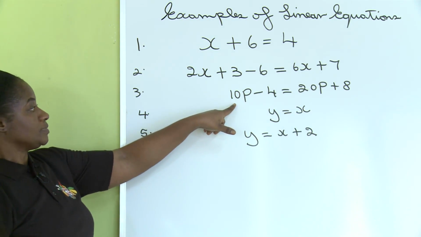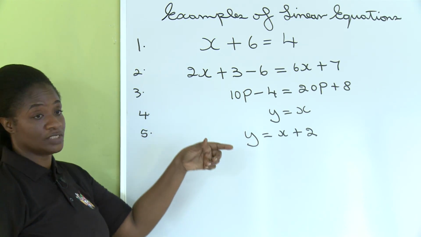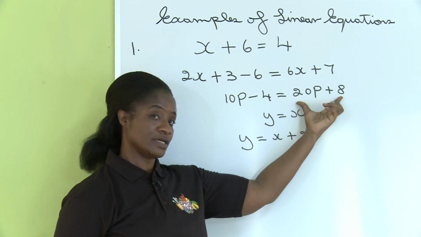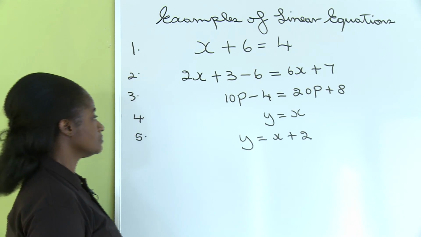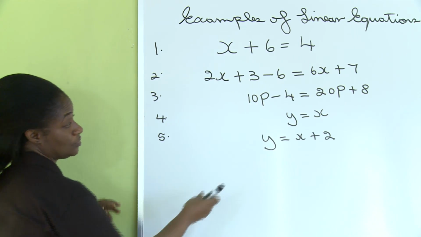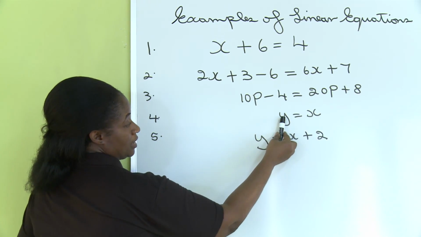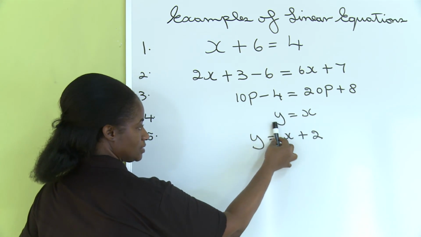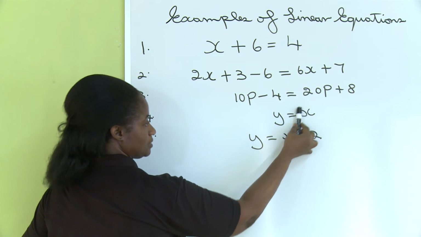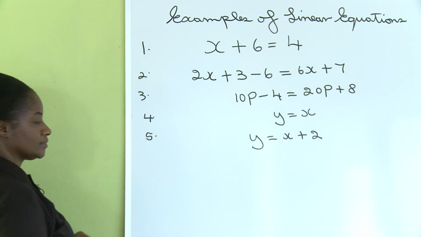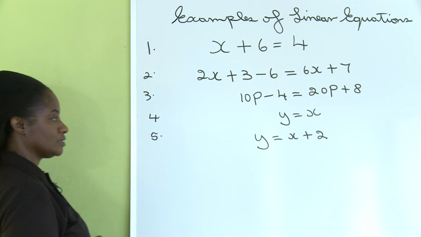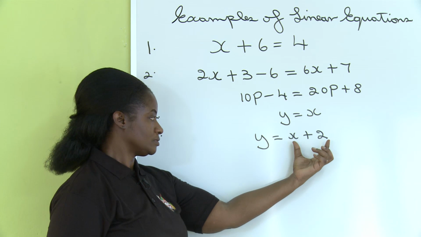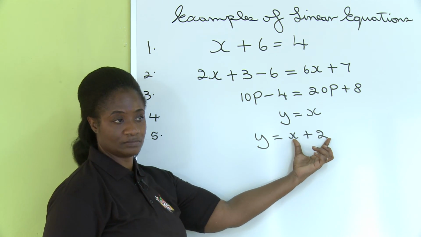In our third example, again, there is a relationship between an expression and another expression. Here, number 4, a relationship or an equality between a single expression and a single expression. Number 5, a relationship between a single expression and a combined expression.